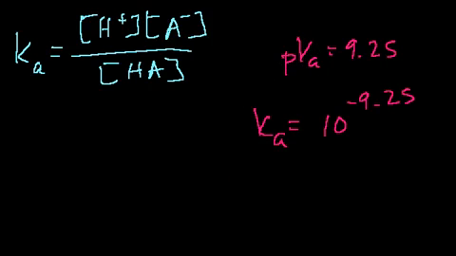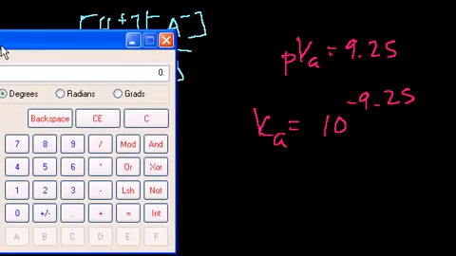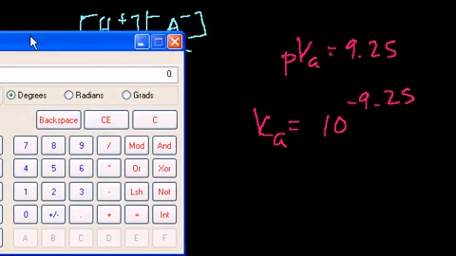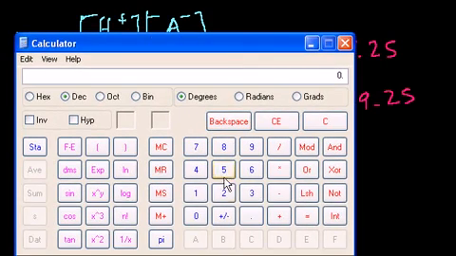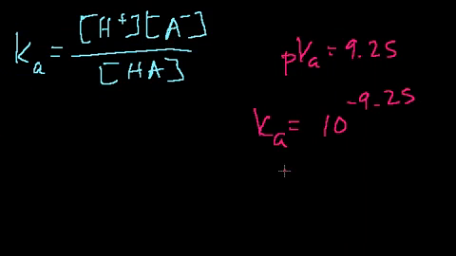But what number is that? 10 to the minus 9.25 is equal to 5.6 times 10 to the negative 10. So that is roughly 5 times 10 to the negative 10.